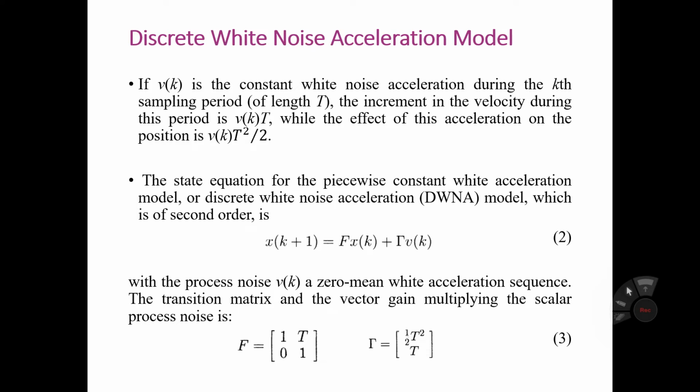If v of k is constant white noise acceleration during the kth sampling period of length T, the increment in the velocity during this period is v of k T, while the effect of this acceleration on the position is v of k T square divided by 2.